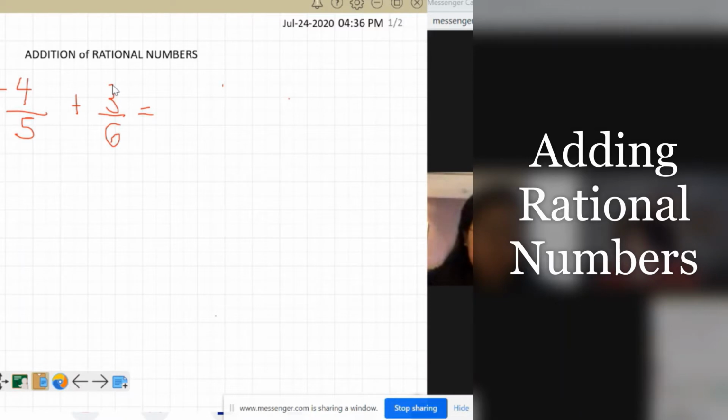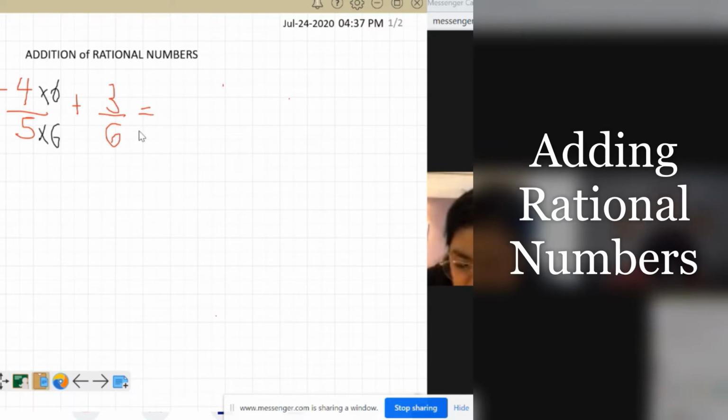It's easier to do that. So now we need to multiply 5 times 6 and 4 times 6. For this one, we're going to multiply 6 times 5 and 3 times 5. Okay?